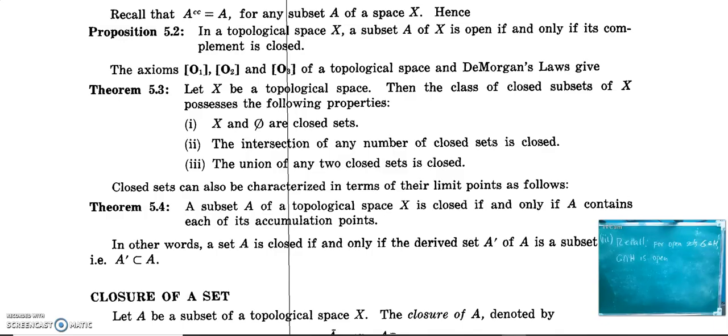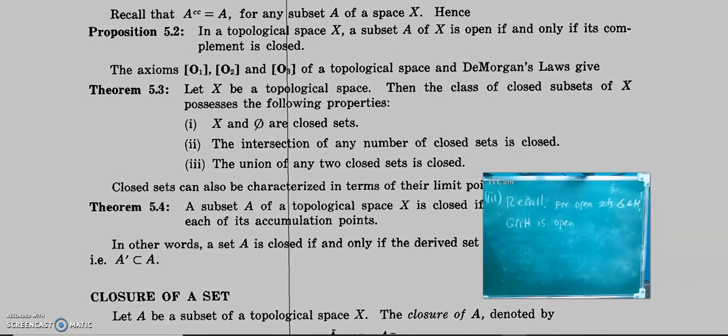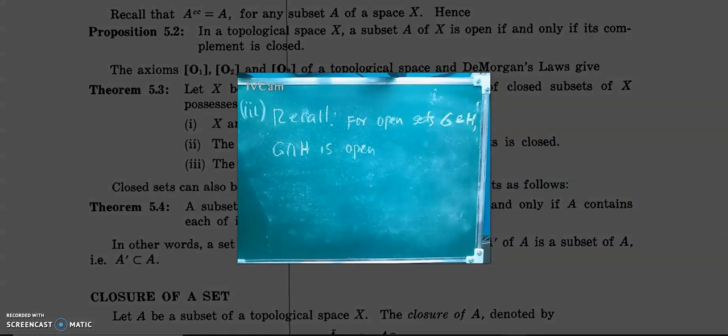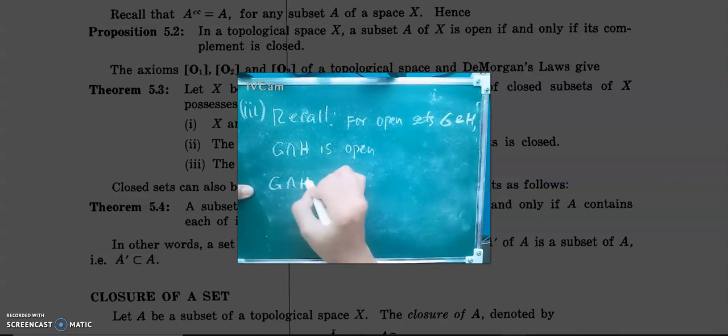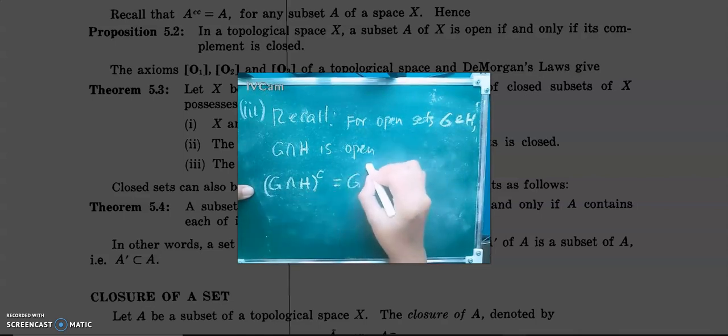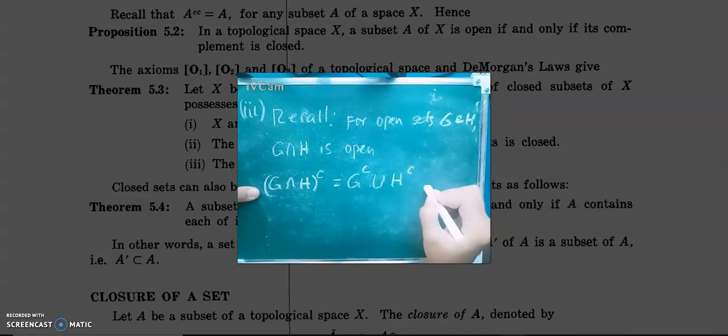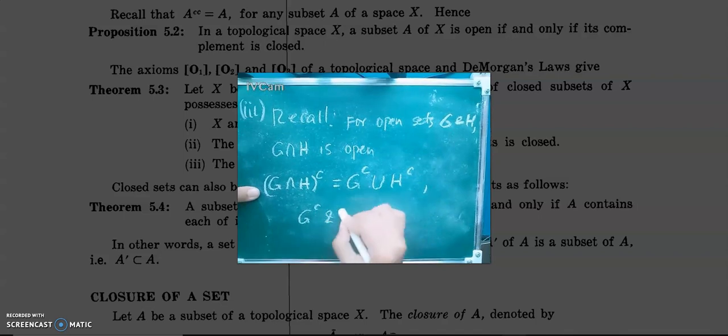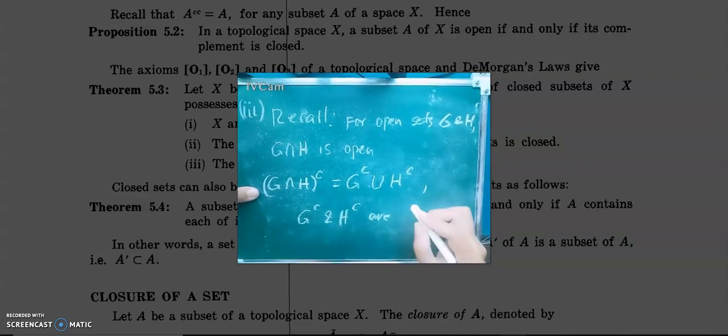Now to show the third statement, that is, the union of any two closed sets is closed, let's try to recall again the third axiom of a topological space. For open sets G and H, we have the intersection of G and H is open. Now if we get the complement of this one by using De Morgan's law, this is equal to G complement, the intersection becomes union, then H complement. Now observe here that G complement and H complement are what?